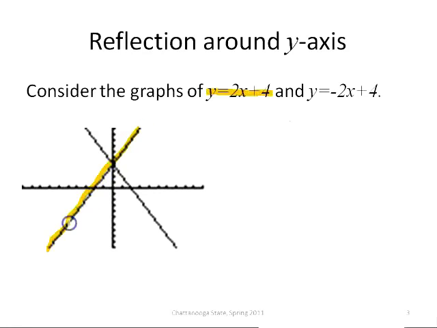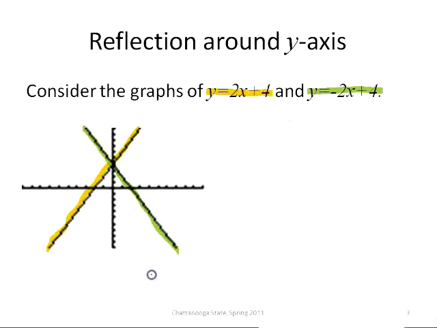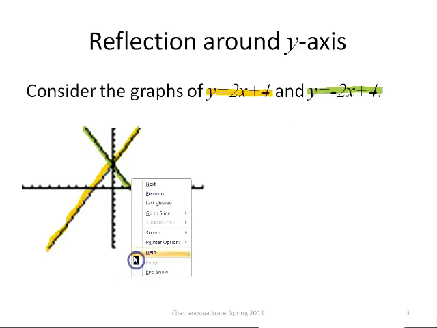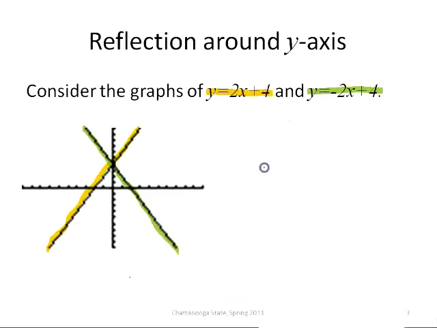Well then, where would this yellow line match up? This yellow line would match up along this line. So this line is the line of y equals negative 2x plus 4. So you see these are reflections across the y-axis. Let me get my ink color back here.